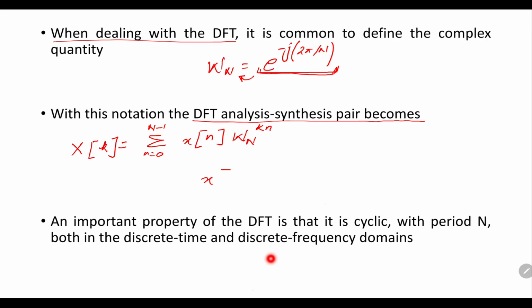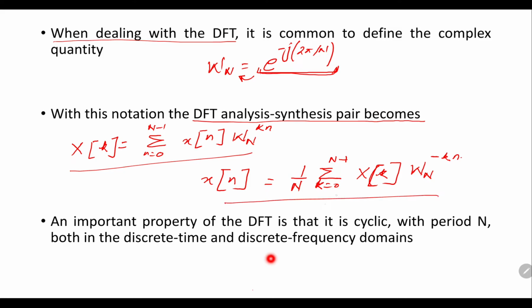Its synthesis equation can be written as x[n] equals 1 upon N times the summation over k from 0 to N minus 1 of X[k] W_N to the power minus kn. This is how the equations can be written.